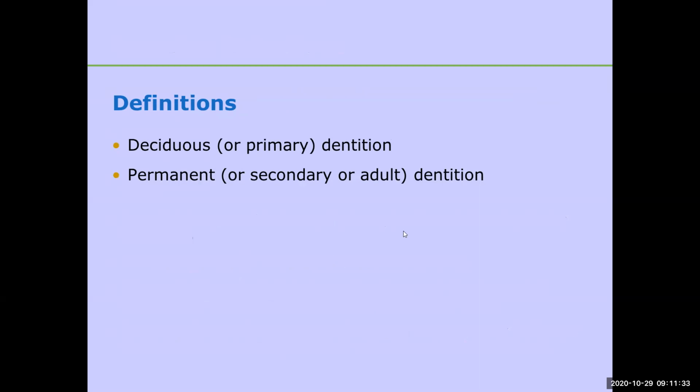The deciduous teeth, just like deciduous trees, they lose their leaves, or the primary dentition. Our focus is to not only be able to identify them, but as dental hygienists, we need to educate the parents on the importance of these deciduous teeth. A lot of people think, oh, they're just the baby teeth, they're going to fall out.